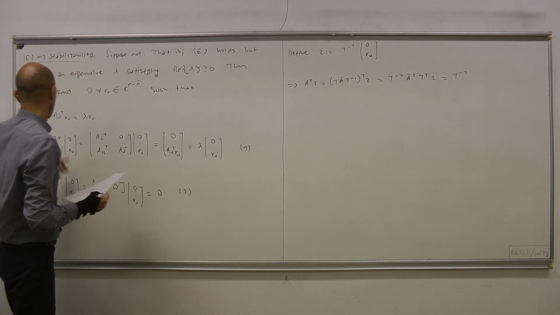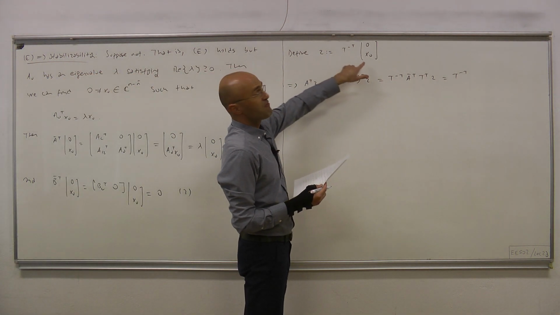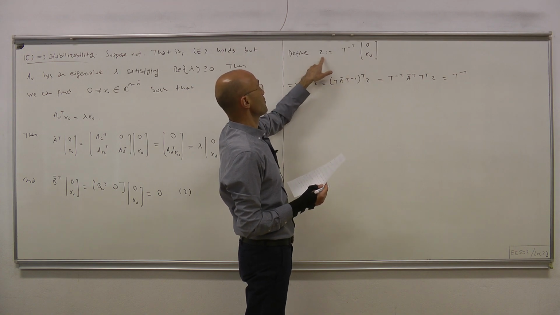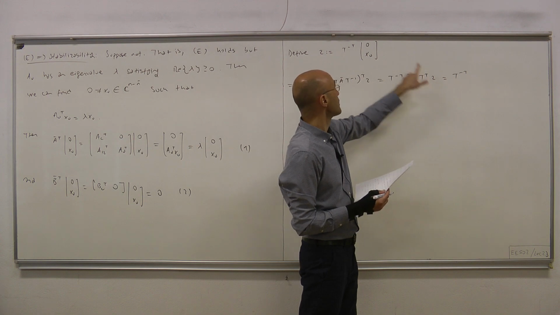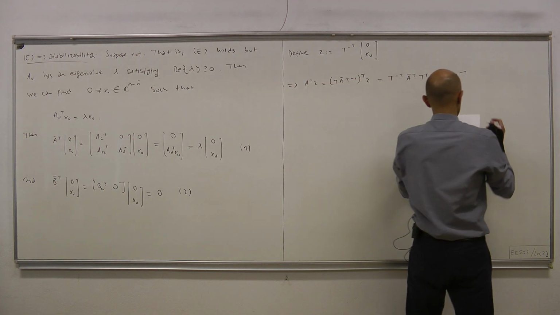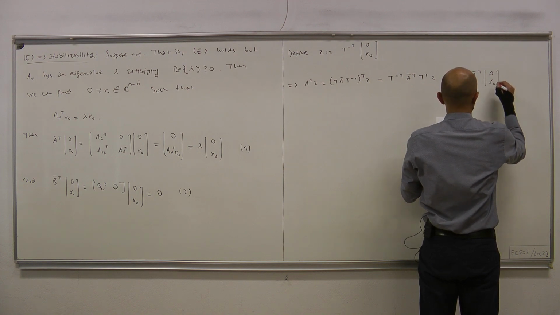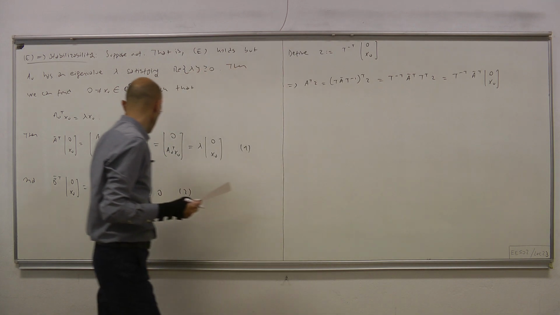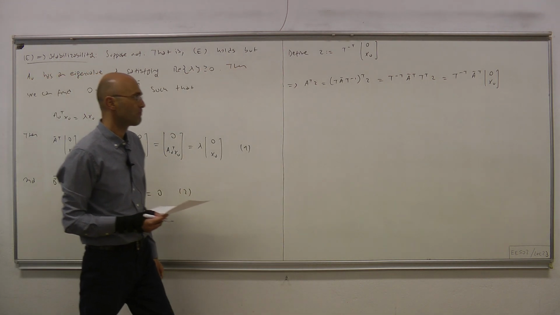Okay, now Z is defined as such. If you multiply both sides with T transpose, what you have is T transpose Z equals [0; XU]. So what we have is A bar transpose times [0; XU]. Okay. Now A bar transpose times [0; XU] is lambda [0; XU].